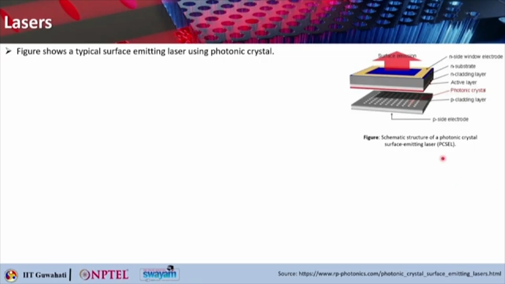Now the laser gain by stimulated emission is provided by coupling the photonic crystal structure to a thin active layer, which is here. You can see this is the active layer, beneath the photonic crystal layer, within the evanescent waves of the modes, and that is how the coupling happens through the evanescent waves.